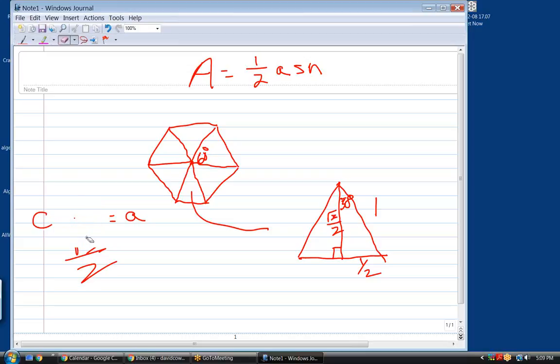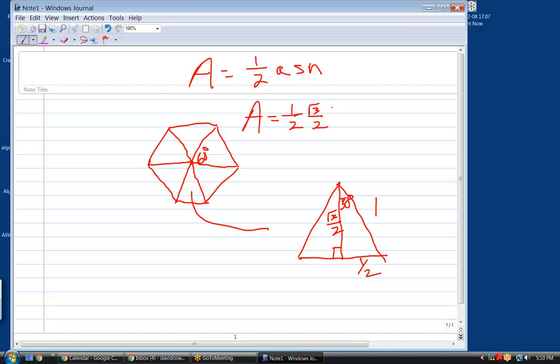So plug it in. What's A going to be? It's going to be √3 over 2. Now let's start with the 1/2. 1/2 times √3 over 2.